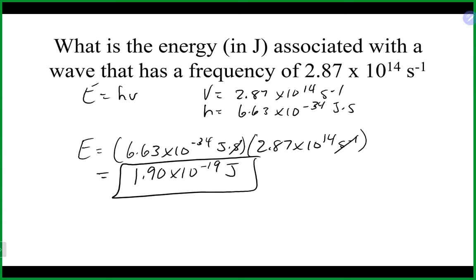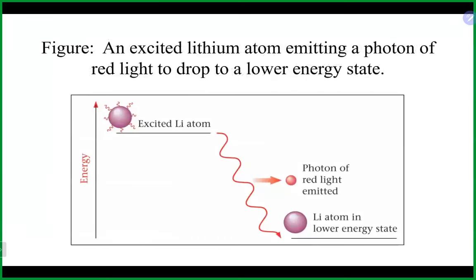All right, then let's continue on talking about our electrons and what is happening as they're transitioning. As we talked about before, an excited lithium atom, for example, will want to lower itself back down in energy. That's going to give off a photon of light to do that. That is what is sometimes referred to as an emission.